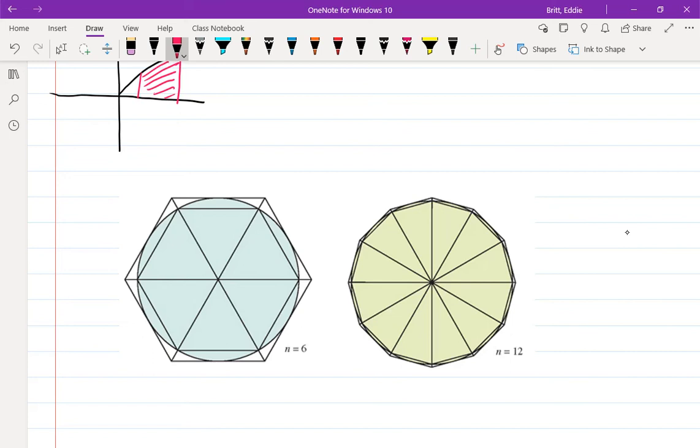Look here, this is, again, by exhaustion, n equals 12. Who would want to do all of those calculations? But if you did find the area of the 12-sided polygon inside and the area of the 12-sided polygon outside, you would have a much better estimate of the actual area of the circle.